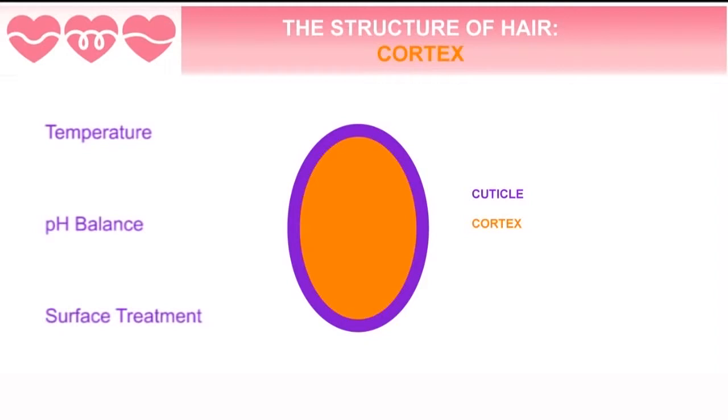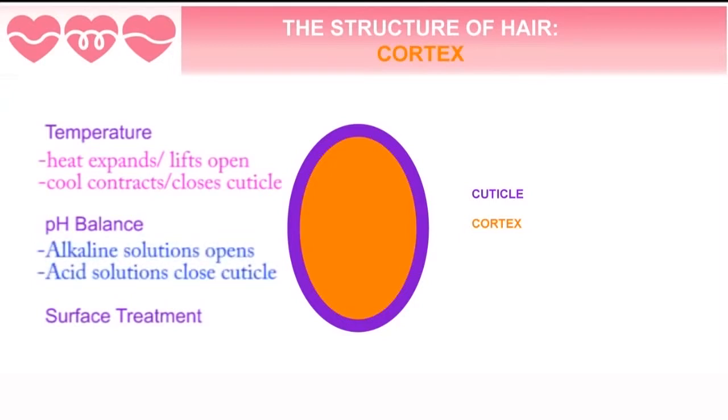Now, temperature is pretty straightforward. Heat causes the cuticles to lift and expand, while coolness causes the cuticles to close and contract. As for pH balance, solutions that are more alkaline cause the cuticles to lift and open, while more acidic solutions cause them to close.